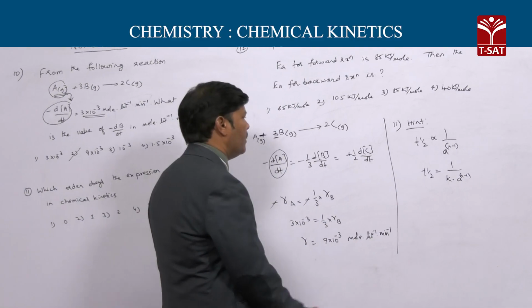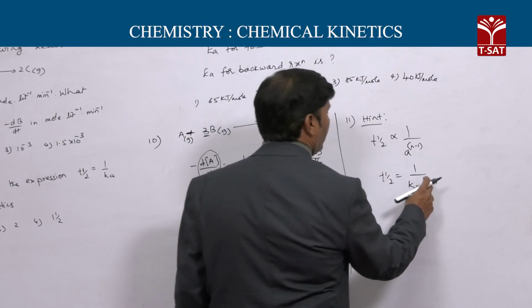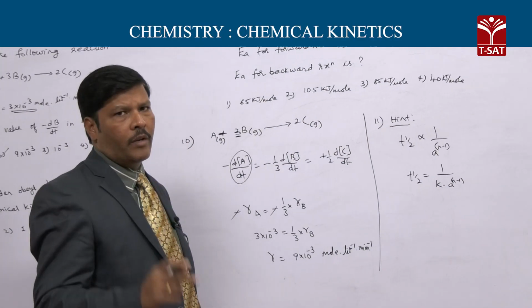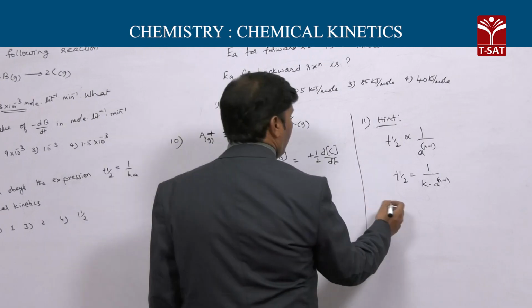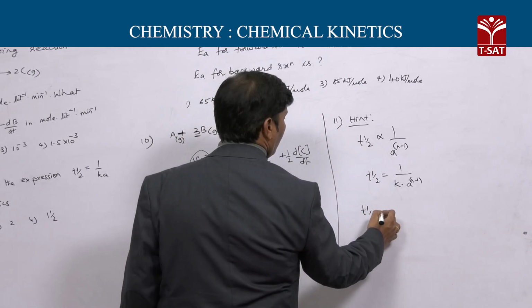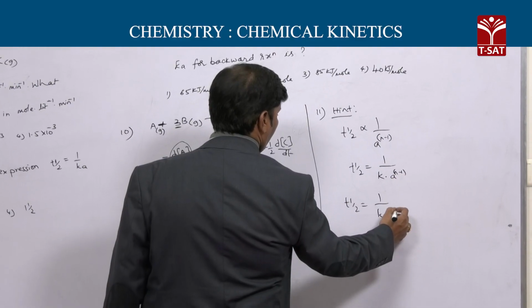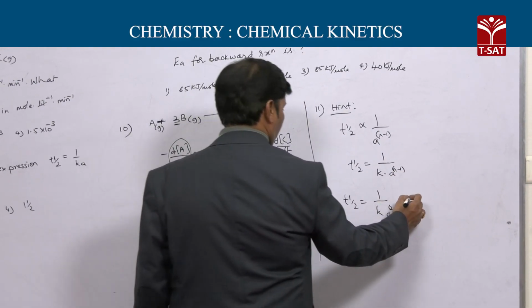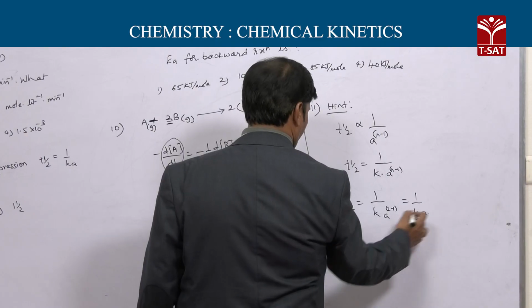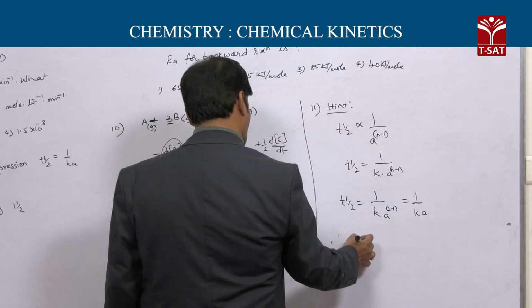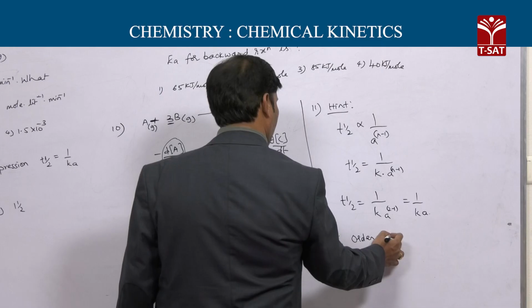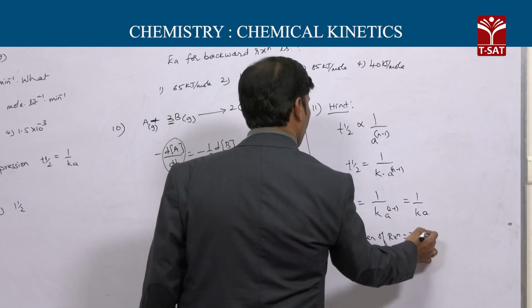What value should we substitute here to get 1 by K of A? We have to substitute the n value: T half is equal to 1 by K into A to the power of 2 minus 1, which is 1 by Ka. Therefore the order of reaction is 2, since the n value is 2.